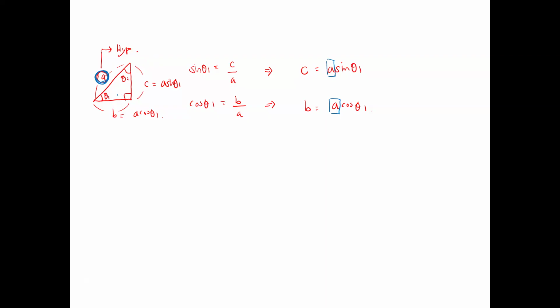Because this is a triangle, there are three angles, so except for 90 degrees, you have theta 1 and theta 2. You have to choose one angle. Assuming you choose theta 1, line C is opposite to theta 1, and line B is adjacent to theta 1. If it's adjacent, you have a cosine. If it's opposite, you have a sine.